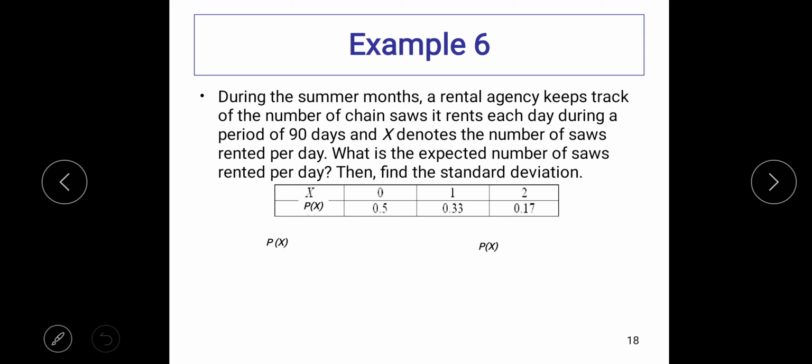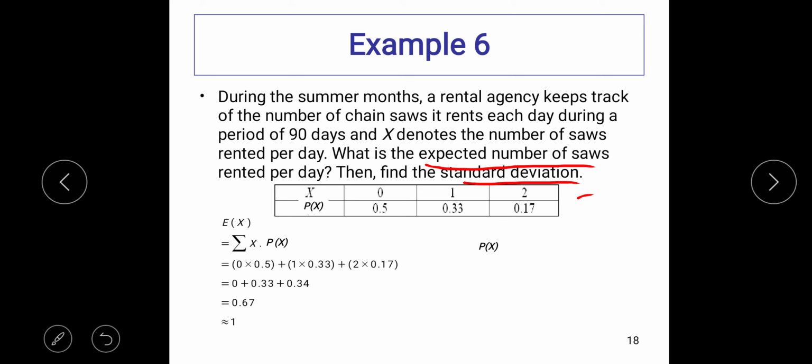Okay, example 6 here, you are given again a probability distribution. You want to find the expected number of chairs rented per day and also to find the standard deviation. You're given this probability distribution. Alright, so construct your expected value, which is also your mean. So you can calculate directly.